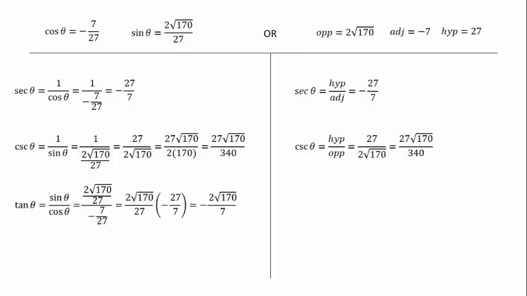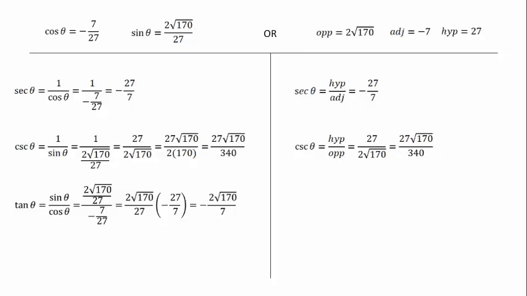Next, tangent of theta. Remember, tangent of theta is always defined to be sine of theta over cosine of theta. Plug those values in. Be sure and multiply by the reciprocal of the denominator. Now I can simplify out the 27 and I end up with a negative 2 radical 170 over 7.